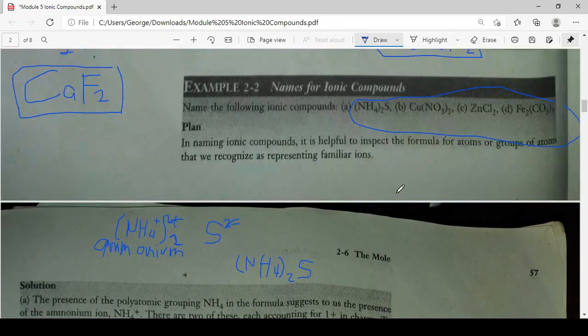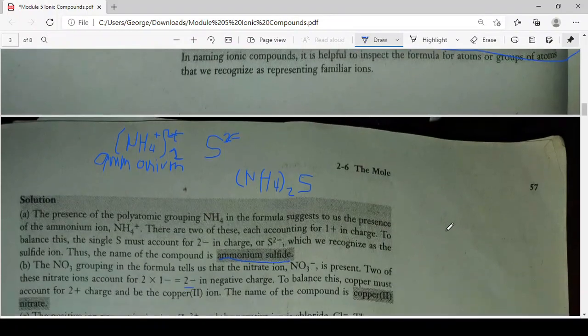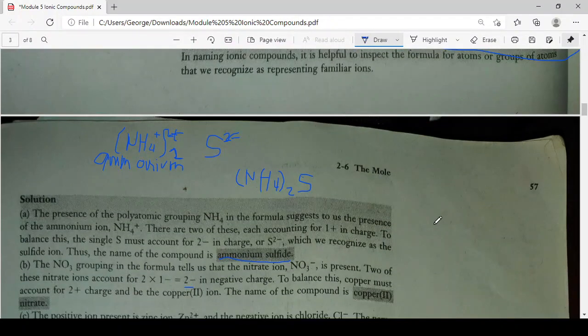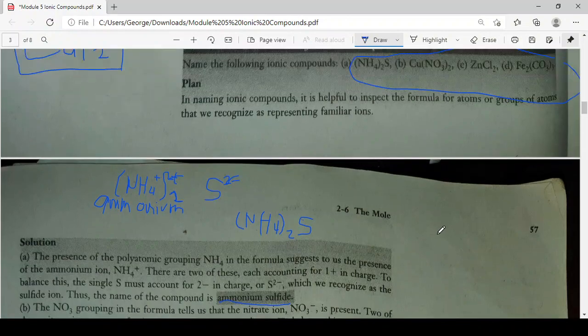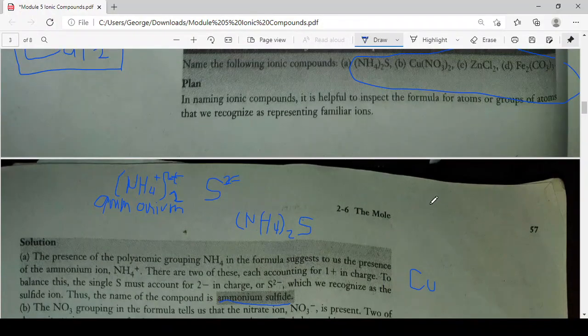So first, paano na siya? Cu (NO3). Close parenthesis.